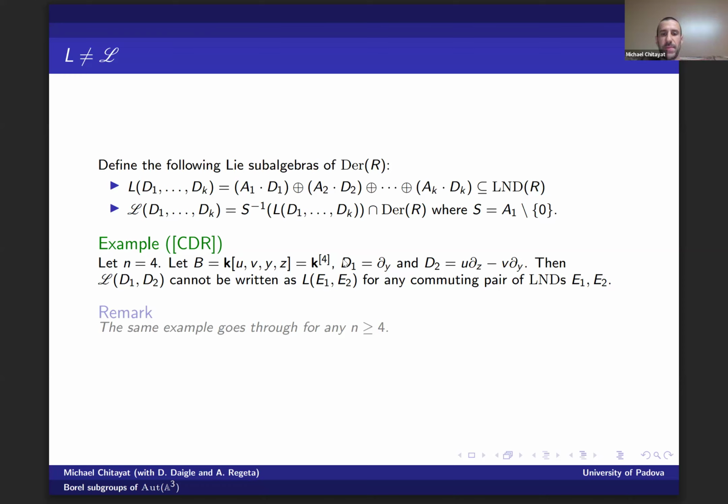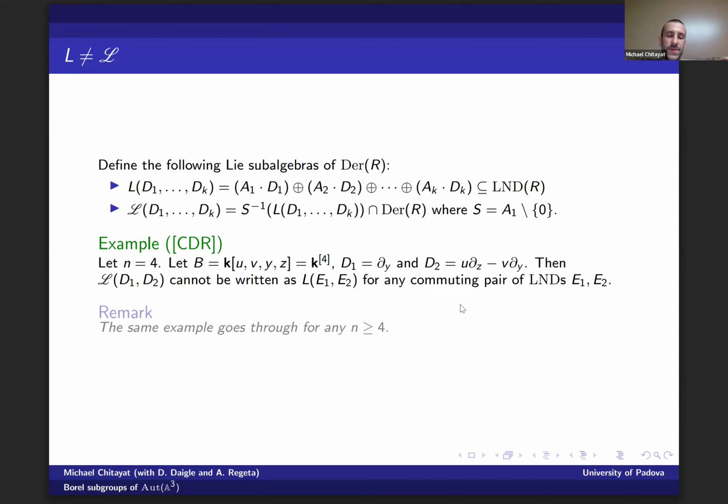And here is an example of such a thing. If you consider this pair of derivations, d1 to be a partial derivative with respect to y, and d2 to be u d by dz minus v d by dy, then you can never write this Lie algebra curly L of d1, d2 as a regular L of e1, e2.